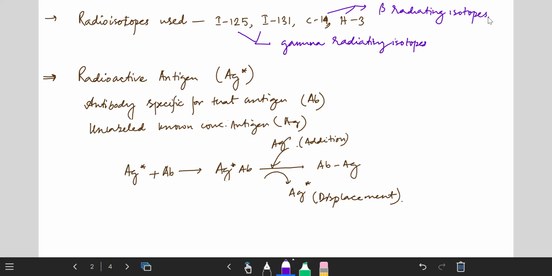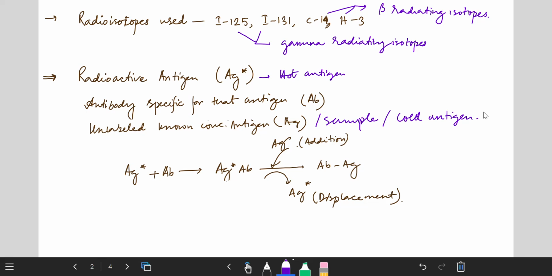Now for that reaction, three kinds of material we need. First one is radioactive antigen or labeled antigen, sometimes known as hot antigen. Antibody specific for that antigen, and unlabeled known concentration antigen or the sample, which is known as cold antigen.